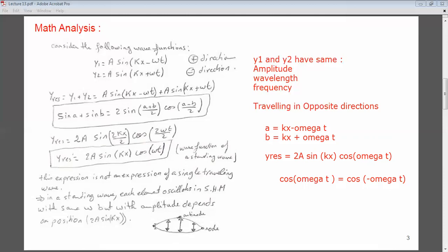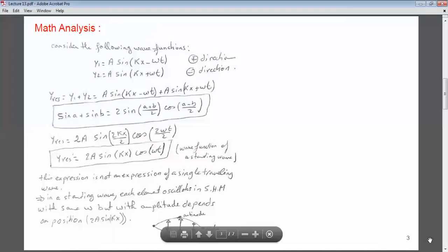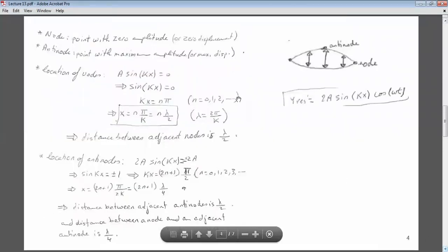And it will look something like this. At some points, it's not moving at all. Depending on the value of x, some points will not move at all, some points will be at higher amplitude and other points will be in the middle. So let's analyze this further. Here I wrote the equation.